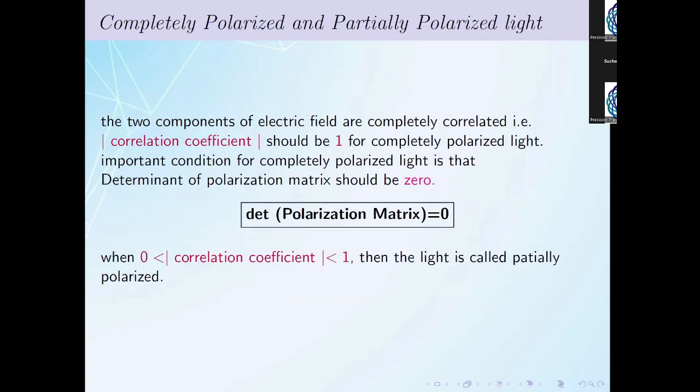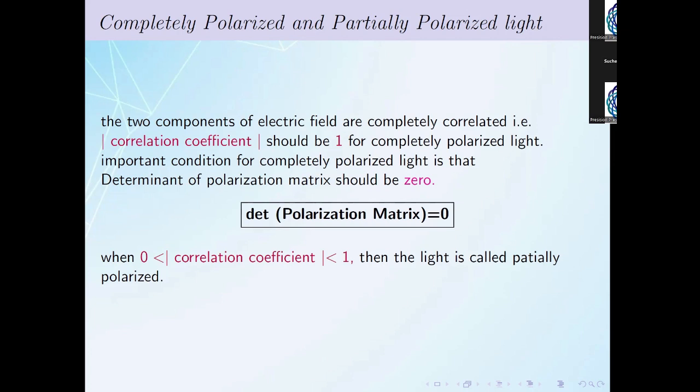Now, completely polarized and partially polarized light. We call the beam completely polarized when the correlation coefficient is 1 and the determinant of the polarization matrix is 0. When the correlation coefficient lies between 0 and 1, the light is called partially polarized.